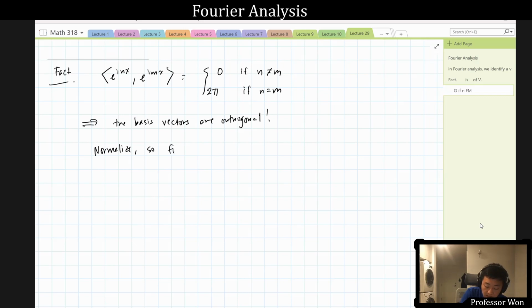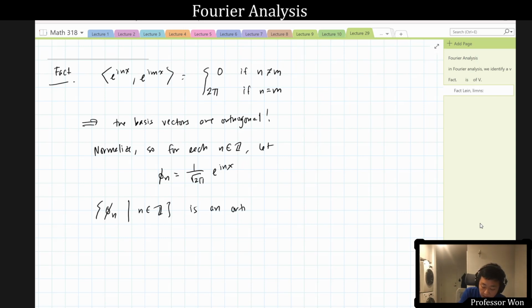So for each n, let's let phi sub n be 1 over root 2 pi e to the i n x. Now, I've just normalized every vector by dividing through by its norm. So this set is an orthonormal basis of V. So we've identified a very nice basis of this space of continuous functions.